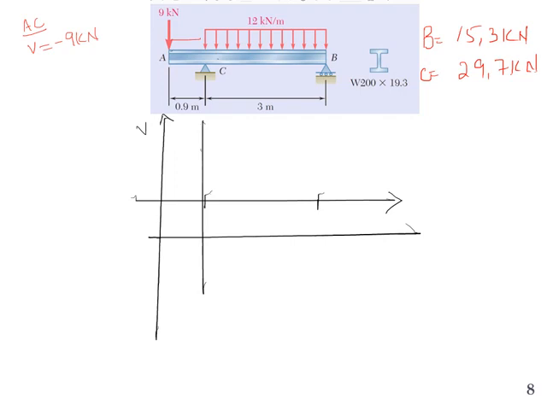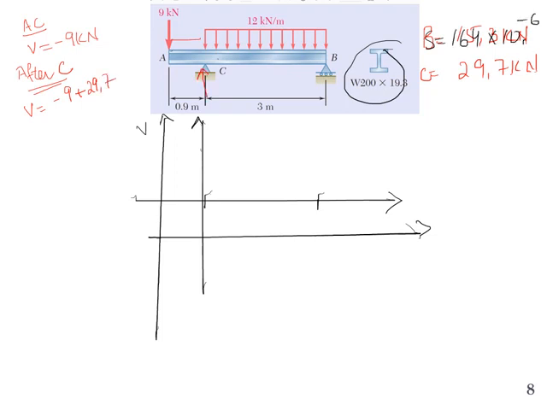Now just after C, let me write C plus, V will be equal to minus 9 kilonewton plus 29.7 kilonewton, because there is an external reaction force acting at C. We are calculating just after C at this location, so obviously the effect of this force will also be included.